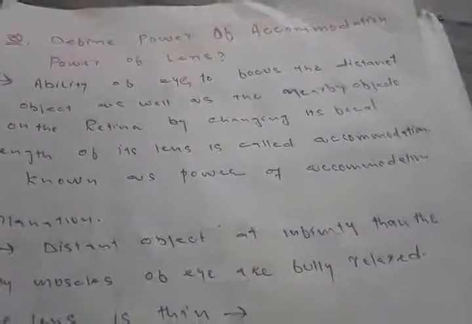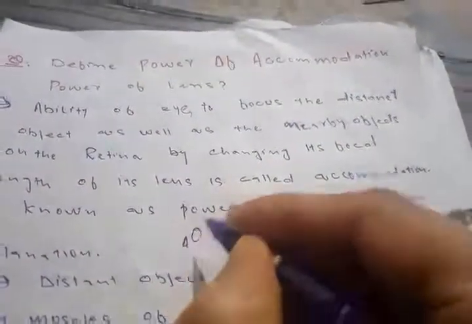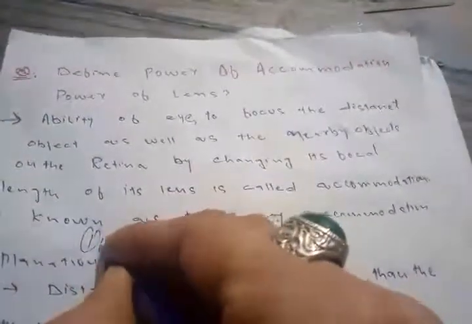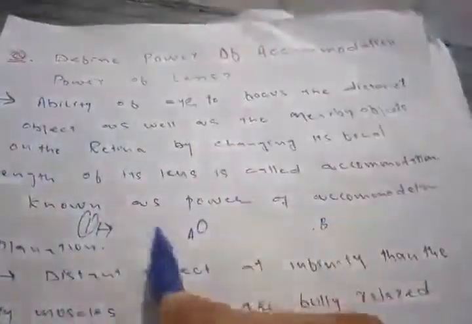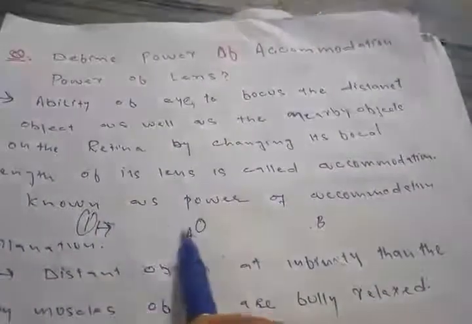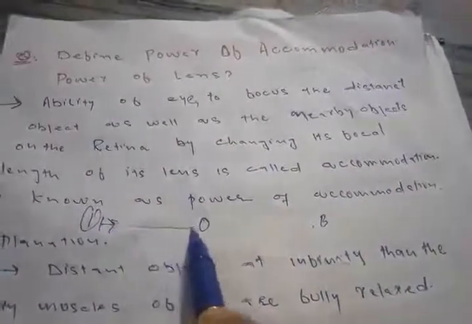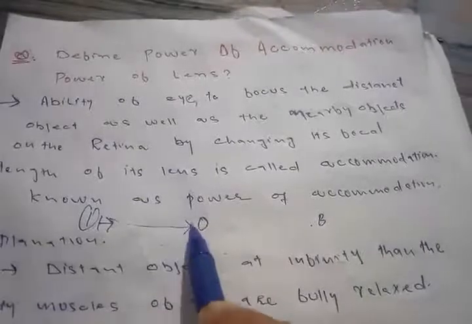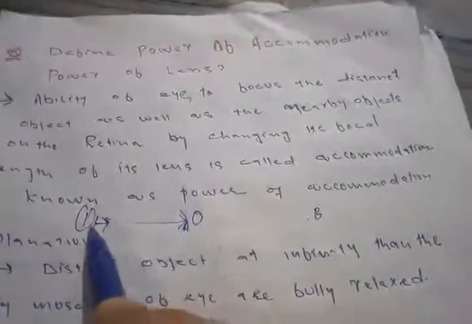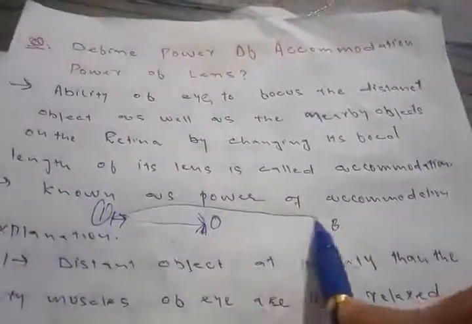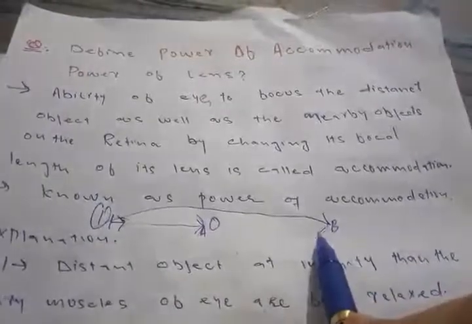For example, let's suppose here is one object called A and another object called B. When you have to see this object, you have to change the focal length for seeing the nearby object. Then I ask you to see this point, B, the far point, the distant point.